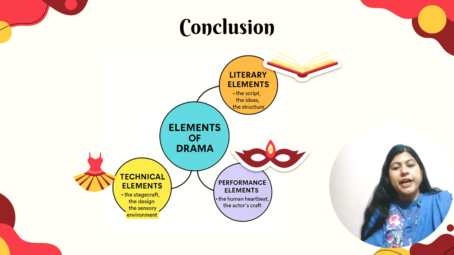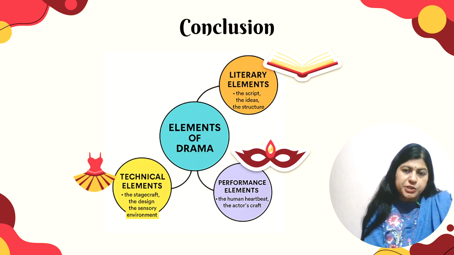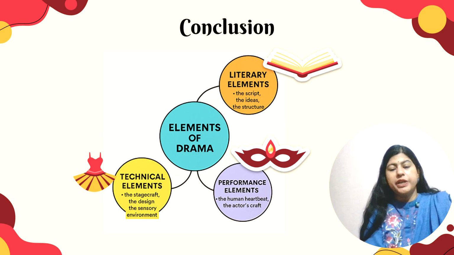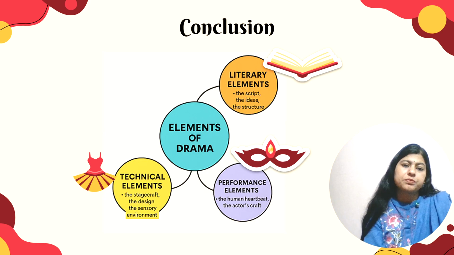Now, as we conclude, let's bring together everything we have learned today. Drama at its core is built on three major pillars. The first is literary elements, the second is technical elements.